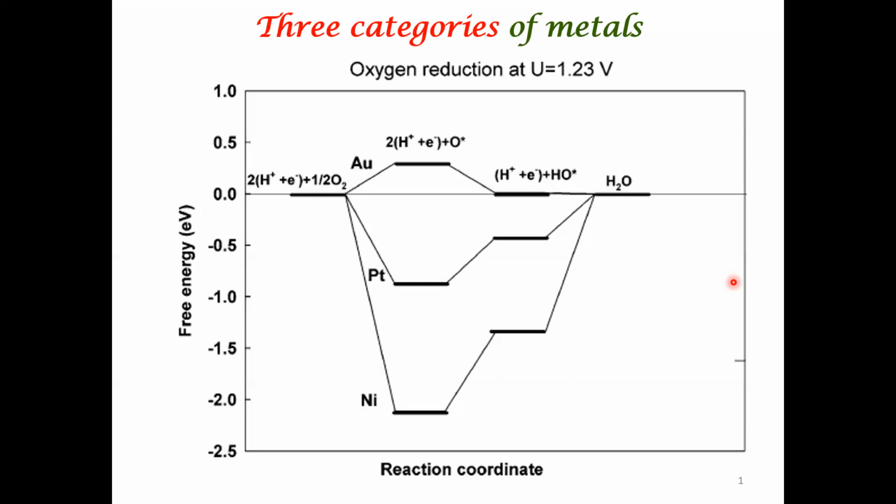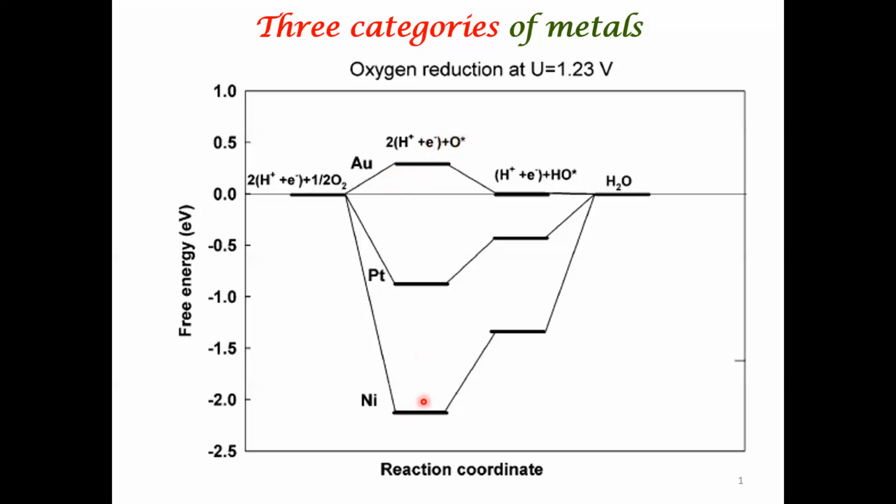If I compute the energetics along the reaction coordinate, we already discussed platinum. Take nickel. Nickel seems to bind very well with oxygen. The binding energy of oxygen to the nickel surface is very high, in contrast to gold, which is an electrocatalyst that binds very weakly to oxygen.